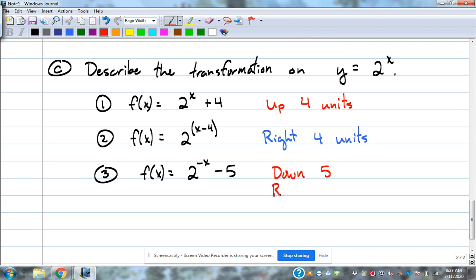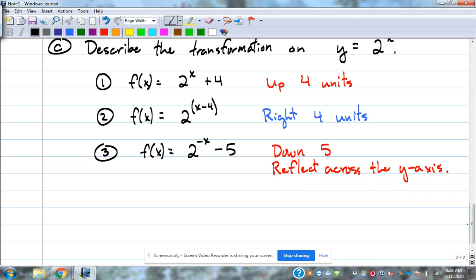Yeah, reflect across the y-axis. No matter what kind of function we're dealing with, those transformations are always the same. Be mindful of those. Go back and review those out of chapter 3 if you need to.